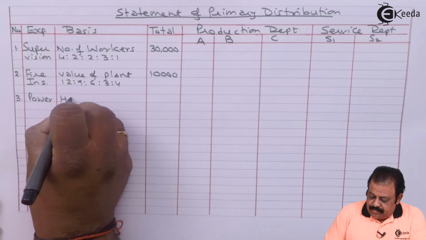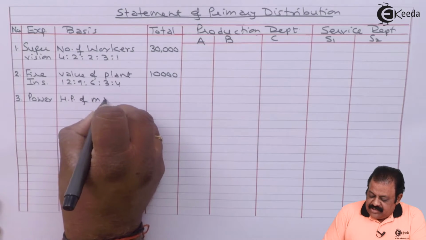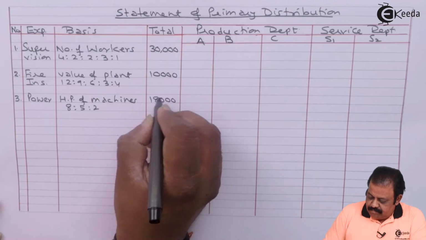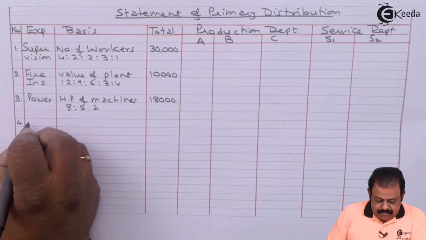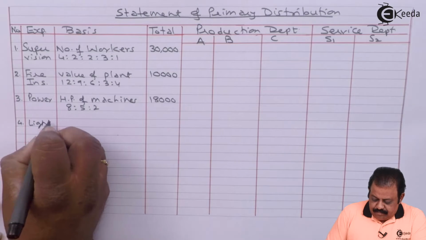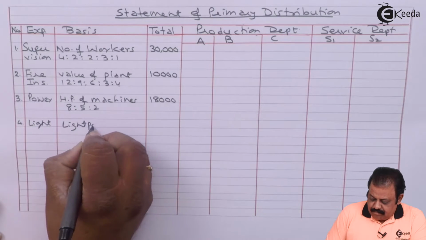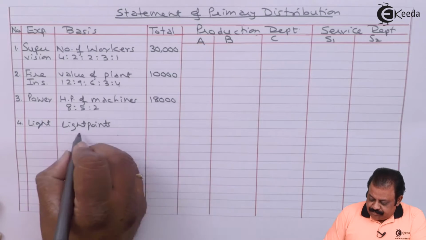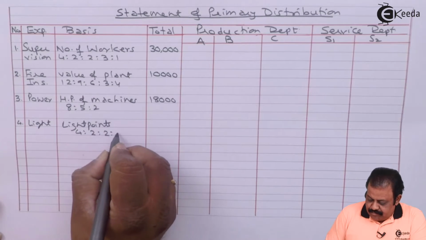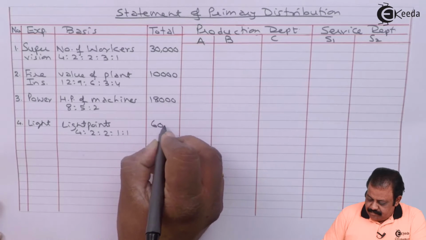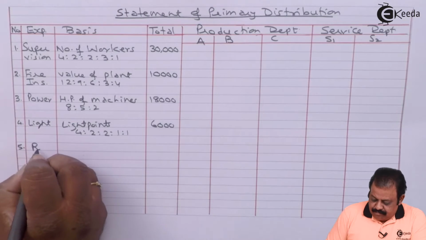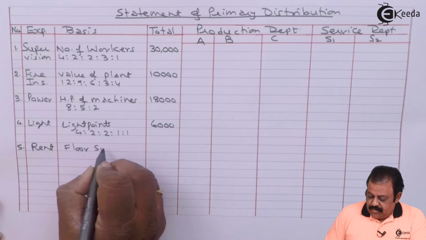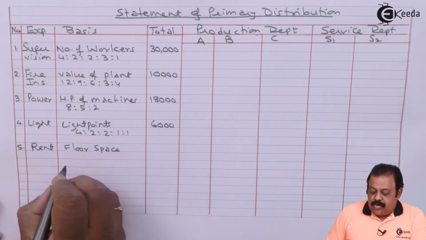Power, horsepower of machines. Lighting, number of light points. Rent, floor space occupied.